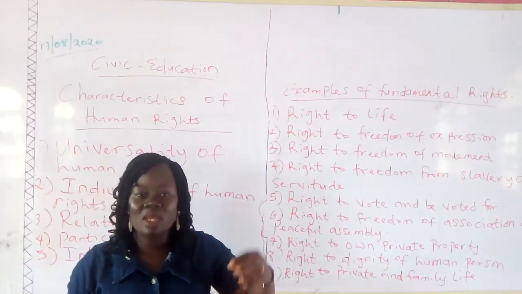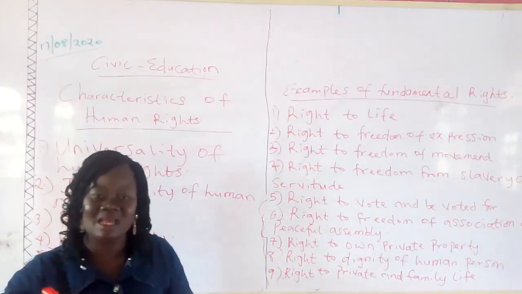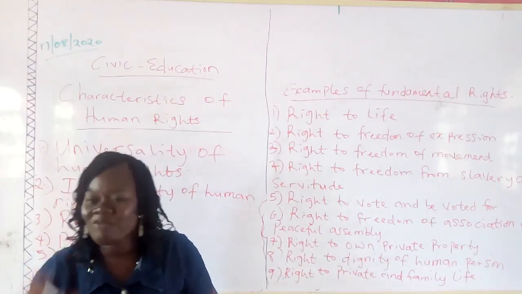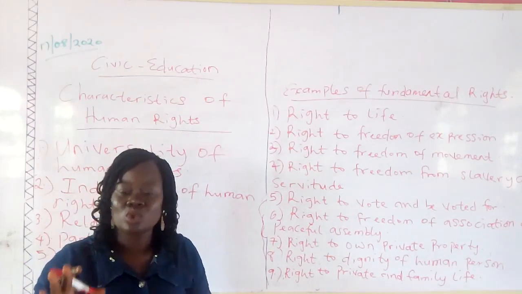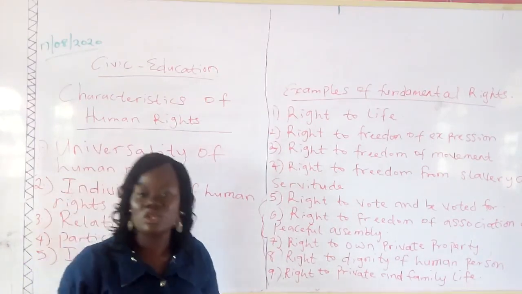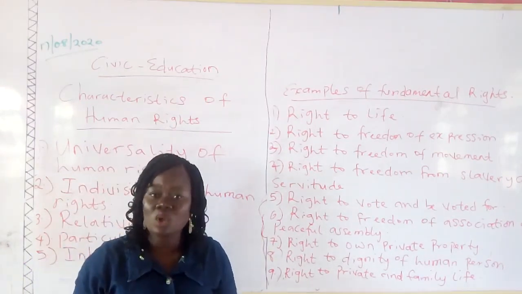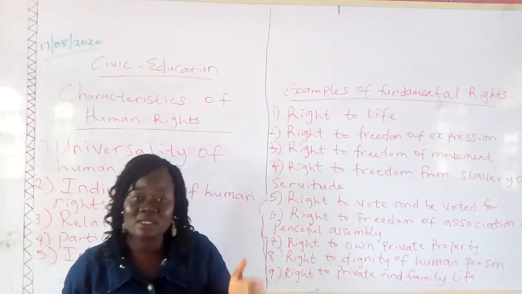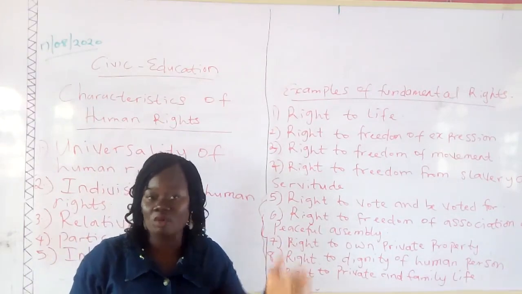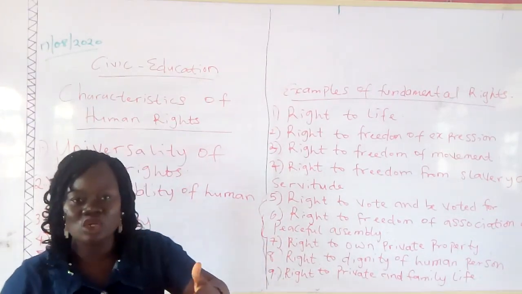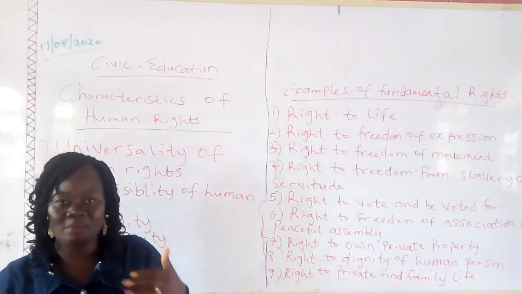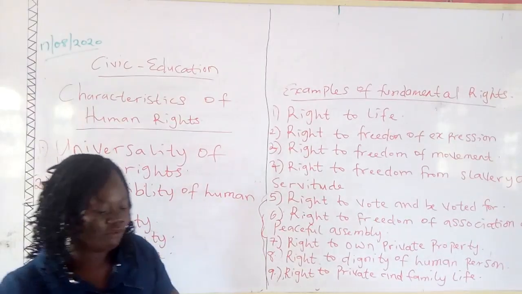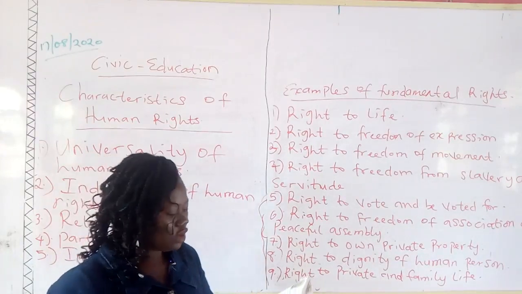So in a way, we inherit these fundamental human rights. Take, for instance, the right to education. Every child deserves to gain at least basic education. Also, we have the right to life and the right to be protected, and it is the duty of our parents, even the duty of the government of the nation, to protect every child, every human being. So in essence, we inherit our fundamental human rights from the past generation.